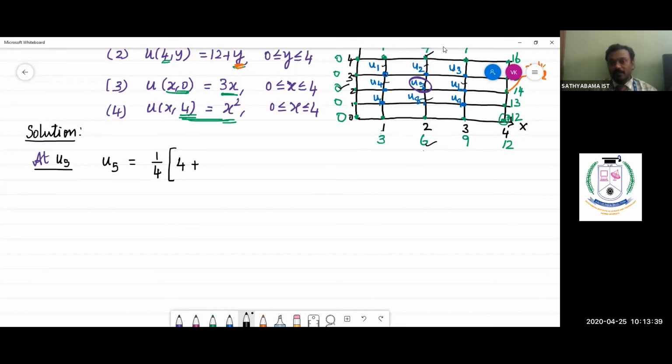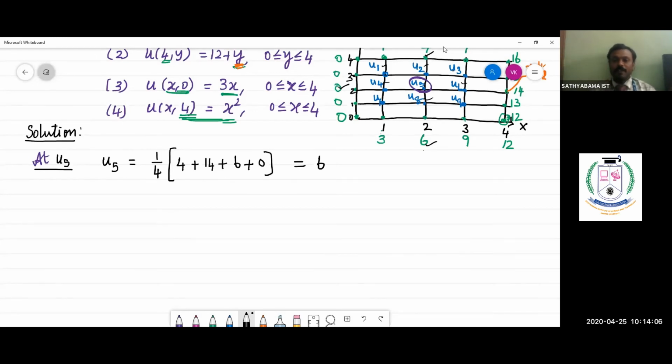Remember, all these points should be at equal distance. You have removed 2 points above. So 2 points to the right, we get 14, plus 2 points below, 6, plus 2 points to the left, 0. So we have got the initial value for U5 to be 6.